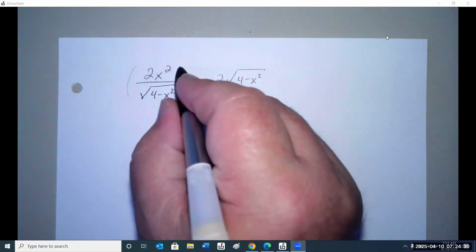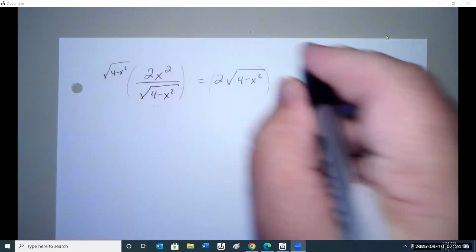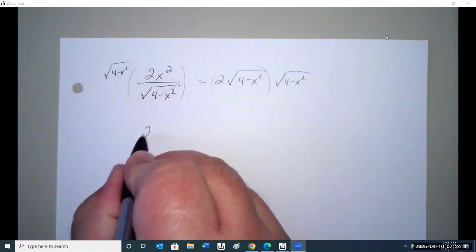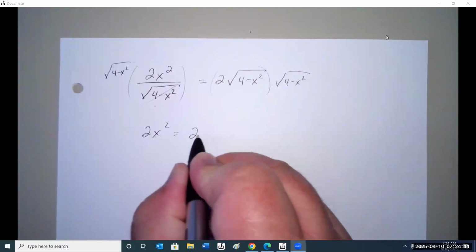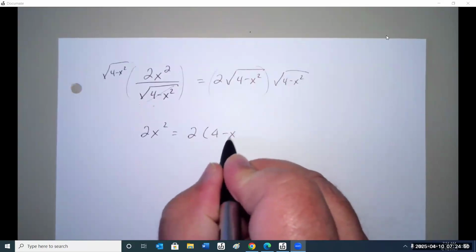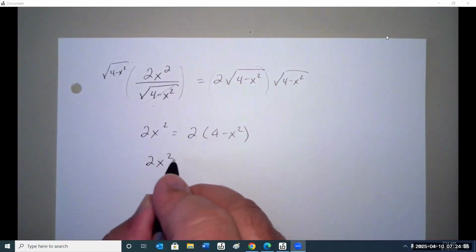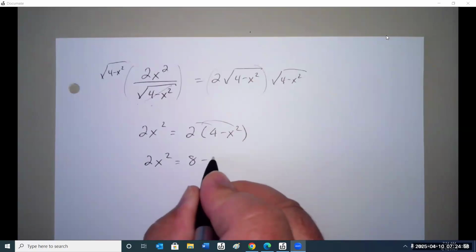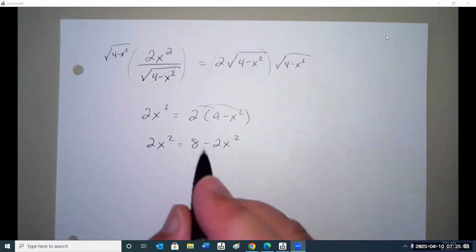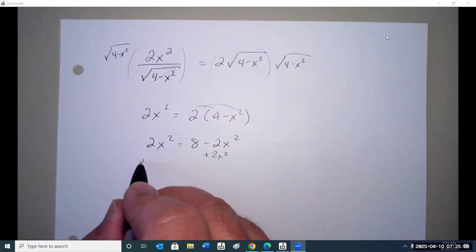Since we have a fraction, multiply both sides by the denominator, by the LCD I should say, to get rid of it. So these cancel. So we have 2x squared equals 2 times 4 minus x squared, since it's radical times radical, the radical cancels. Get rid of the parentheses. When we have an x on both sides, we add 2x squared to both sides.